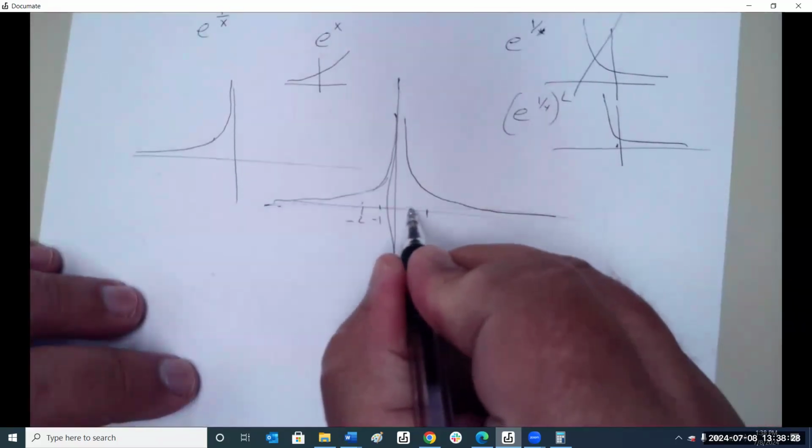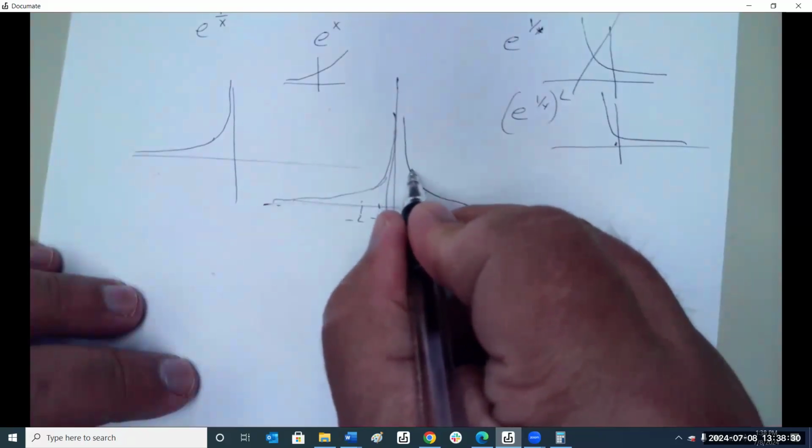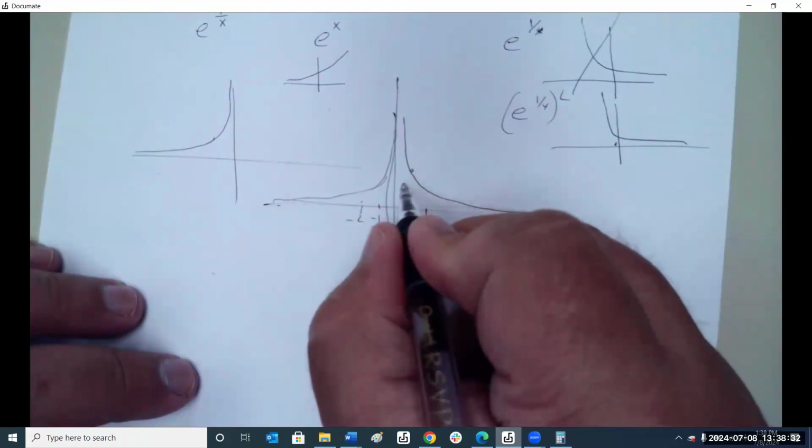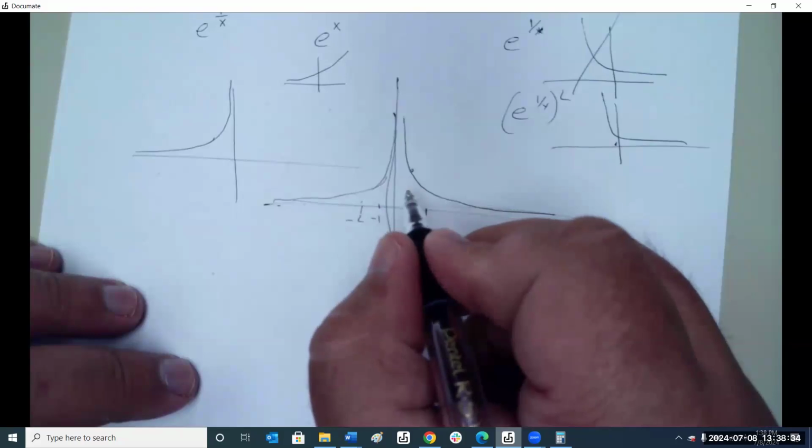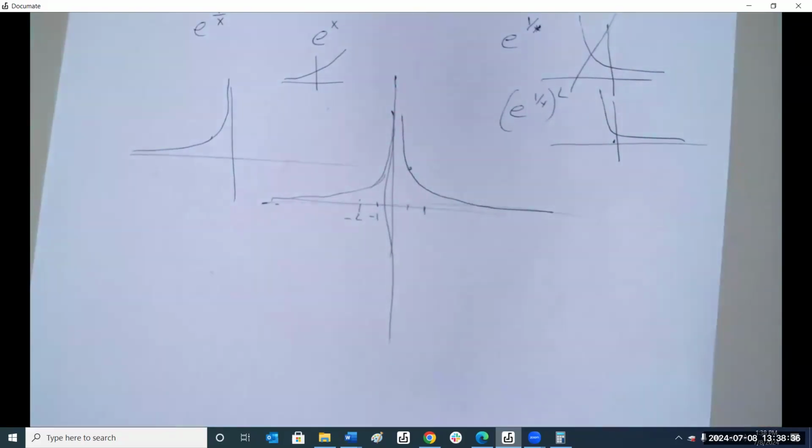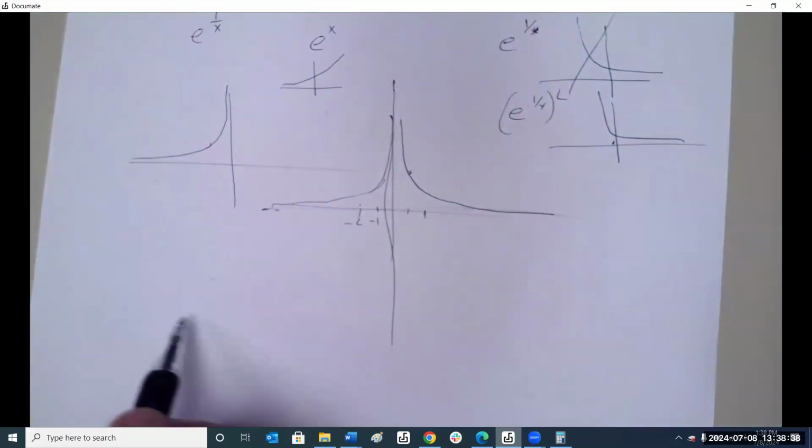So there has to be a point of inflection at 1/2. And x cannot be 0. I have to come back on that. But the derivatives are correct.